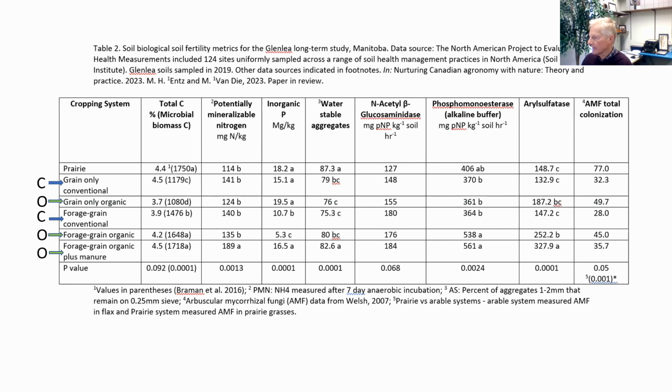And then finally, the mycorrhizal colonization. The highest level of these beneficial fungi, usually they're beneficial, is in the prairie, no surprise there. And then among the farming systems, they're almost always higher in the organic version. So for here, the organic grain only, almost 50% of the plants are infected versus 32 in the conventional.